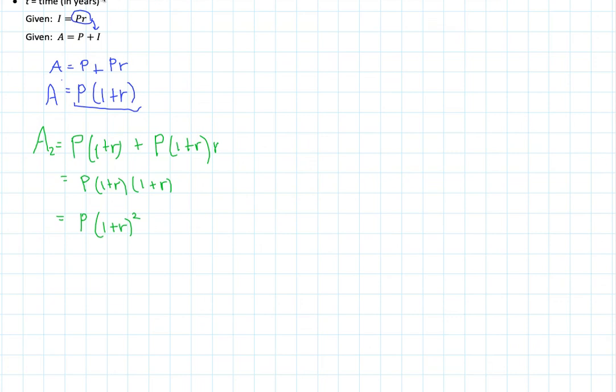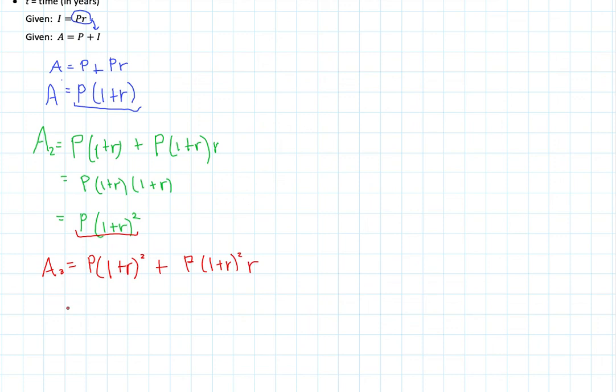If we do it again, just for fun, and I know it gets a little messy here, we're going to take this principal now, which is again our new principal, and then we're going to add it to the principal times the rate. So we got P times 1 plus R. Okay.